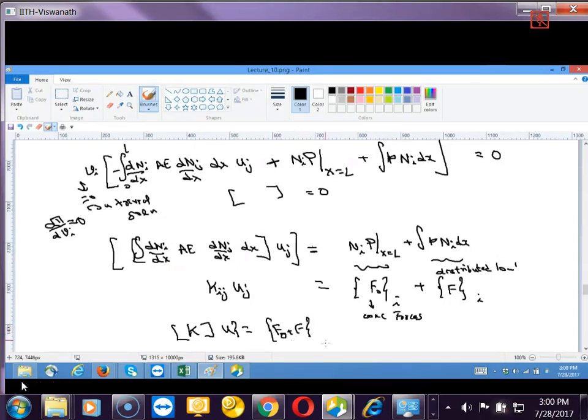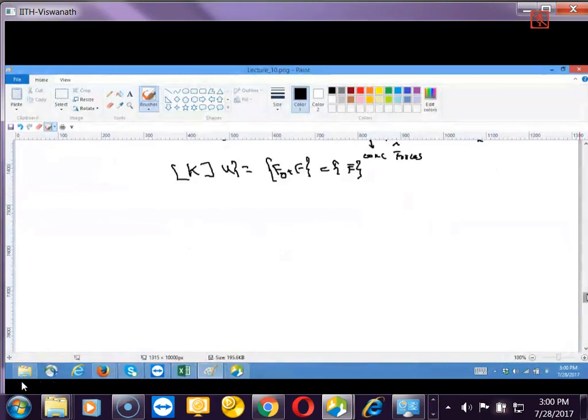Okay, or I will simply call it as f bar. So my k times u is equal to f. But what are u's? Let's take a two-noded bar.